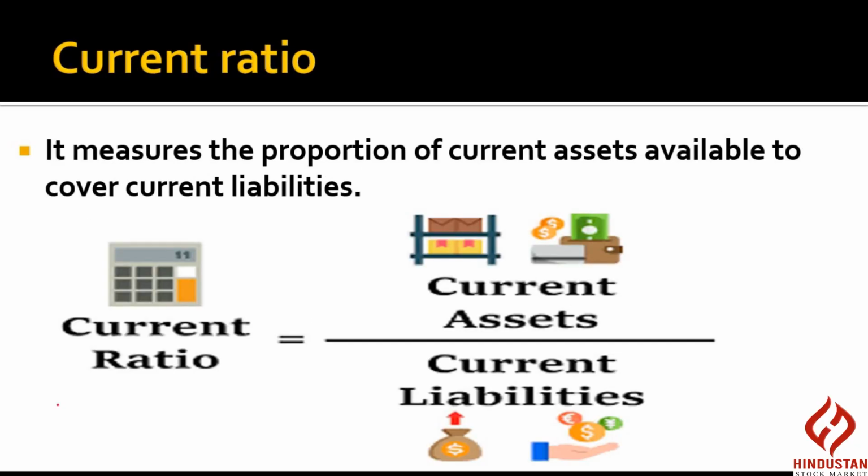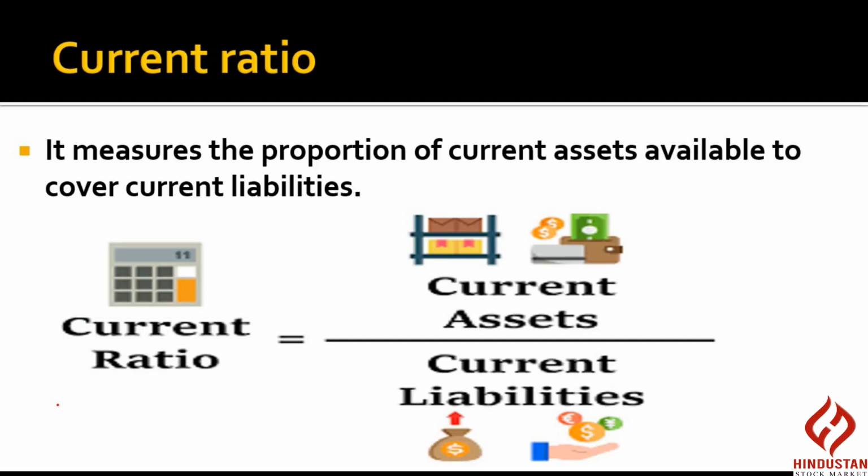Next is the current ratio. The current ratio is a key financial ratio for evaluating a company's liquidity. It measures the proportion of current assets available to cover its current liabilities. That is, the current ratio represents the short-term solvency of a company, meaning the level of current assets that the company has to meet its current liabilities.